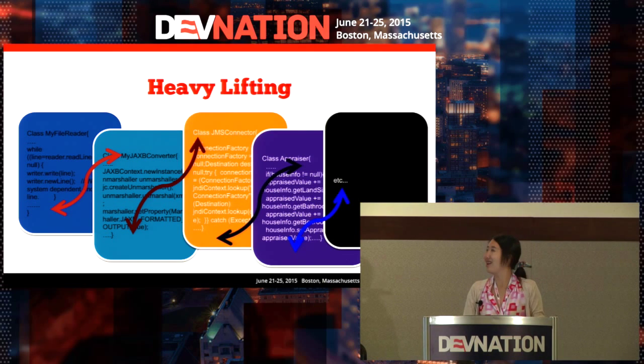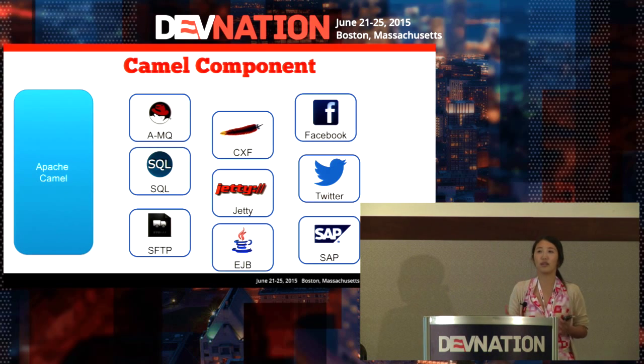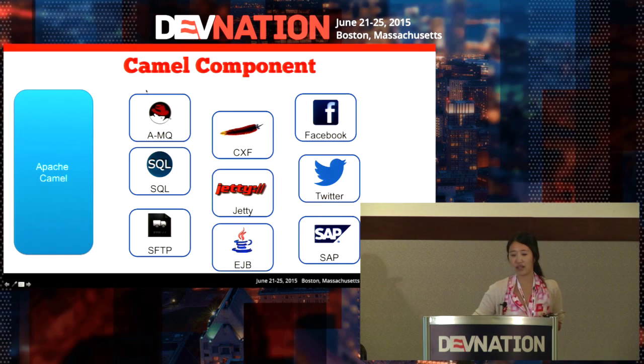So what Camel does, it has all these components. The components release you from the repetitive work of having to write all the different connector code that you need to connect to different sources. Like ActiveMQ, if you want a message broker, you can use this component to connect to the actual messaging MQ. Or if you want to write to a database, you don't have to write the JDBC code again.